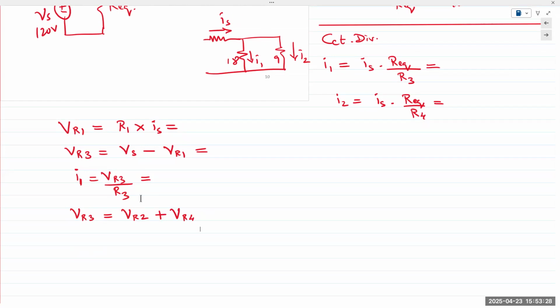I can apply voltage division to find VR2. This would be VR3 times R2 over R2 plus R4. Series combination R2 and R4 form an REQ. And then VR4, you can apply voltage division, or you can take the KVL from the top, meaning this equation.